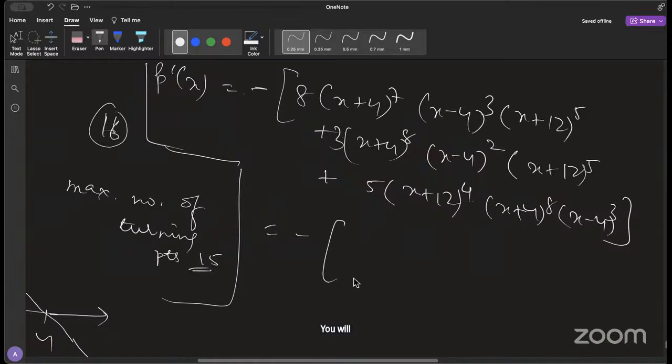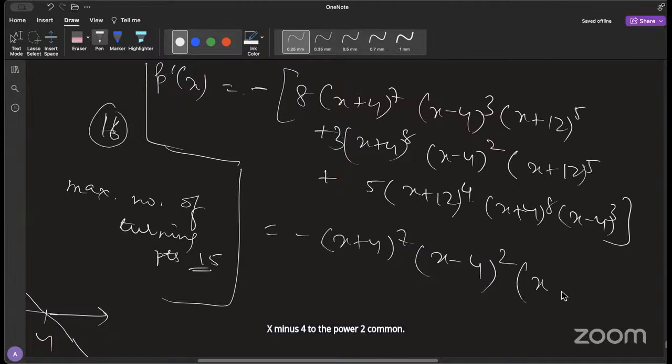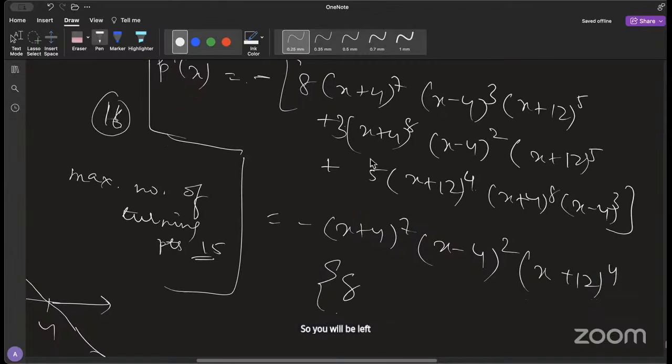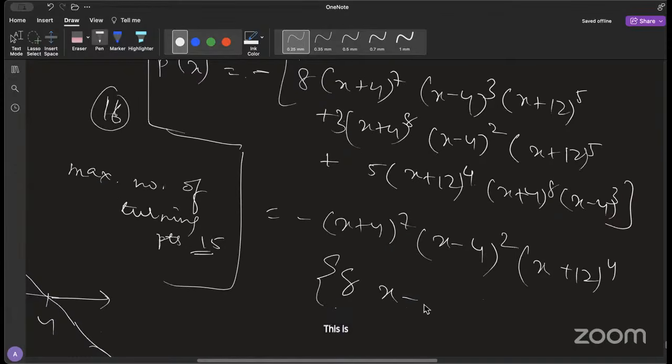So if you solve this, you will get minus, taking (x plus 4) to the power 7, (x minus 4) to the power 2 and (x plus 12) to the power 4 common. You will be left with 8 times (x minus 4) and (x plus 12).